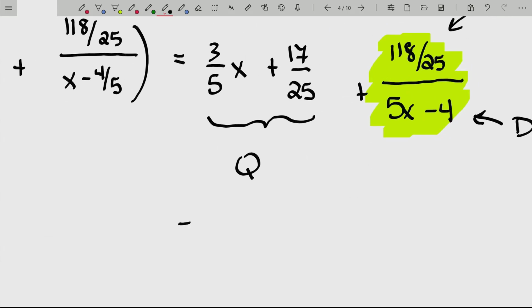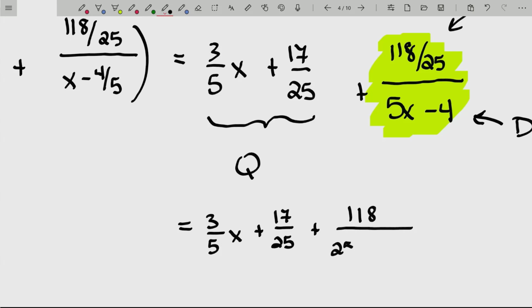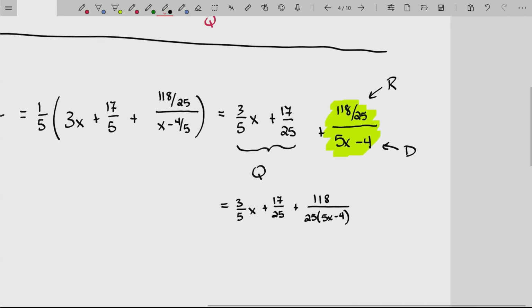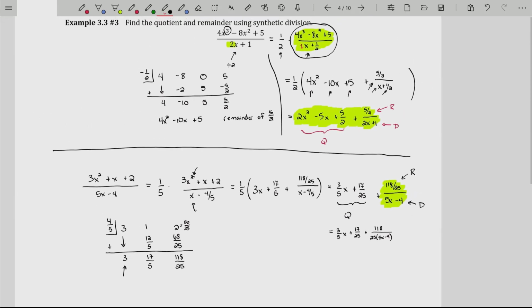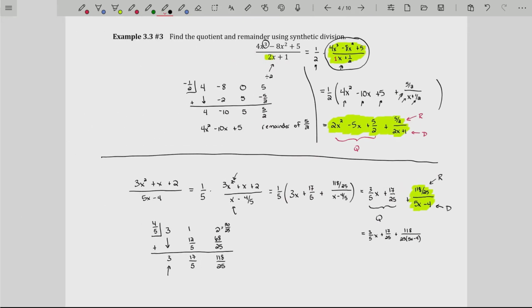So it might be nicer to say this is 3/5 x plus 17 over 25 plus 118 over, and I'll just write it this way, 25 times the quantity 5x minus 4. It just looks gnarly when you have a fraction within a fraction, so it's much better to write it like that. But that's it. All right, I hope that's at least somewhat of a gentle introduction to synthetic division.